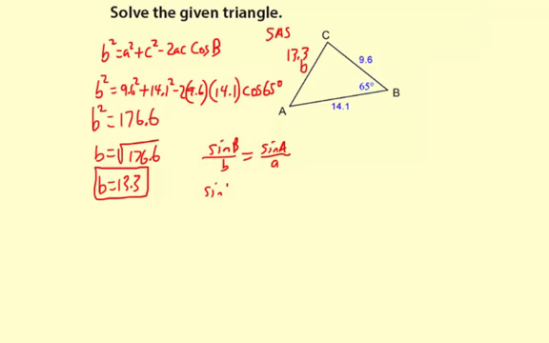Sine of B is the sine of 65 degrees, and side length b is 13.3. Sine of angle A we don't know. Side length a is 9.6.